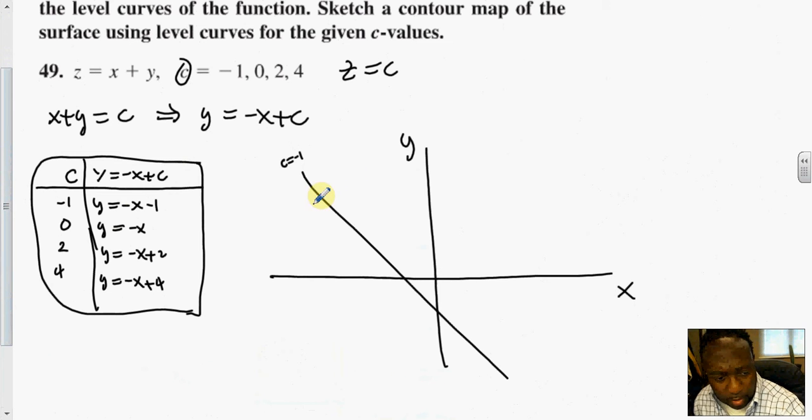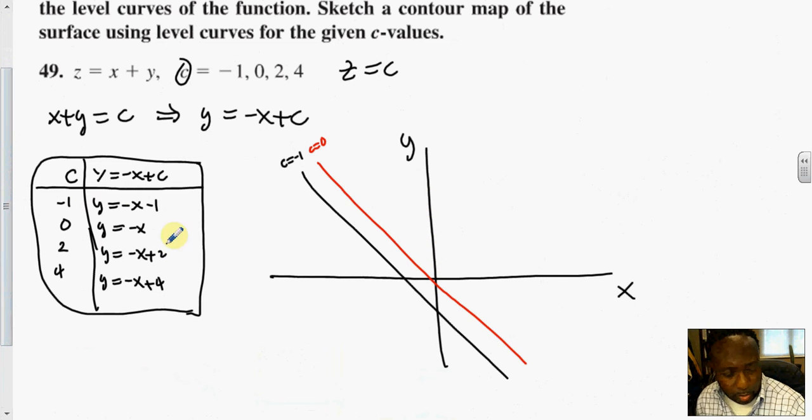And then for c equal to 0, it goes to the origin. Then c equal to 2, excuse me.